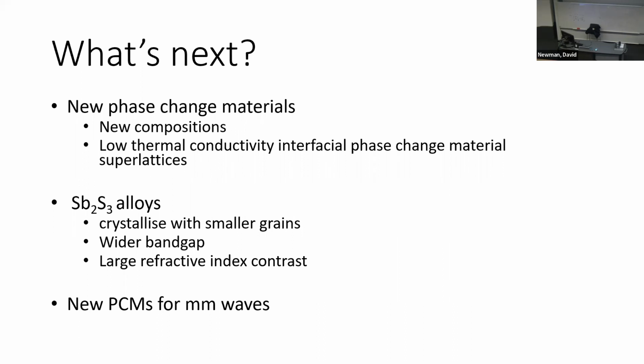We're also working on new types of antimony sulfide alloyed with other elements that seem to have smaller grains, which will help solve this birefringence problem. We found something that we can put into antimony sulfide that will open up the band gap even more and push it a little bit more into the visible, and it still has a large refractive index contrast.